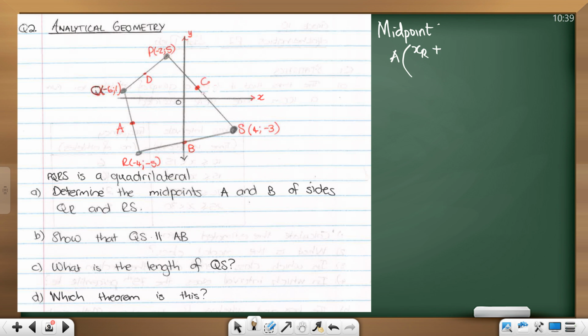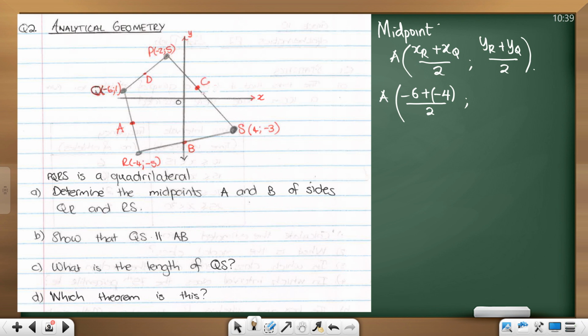XR plus XQ over 2, do you agree? And then what do we have? YR plus YQ over 2. What is the coordinate of A? What is the X value? Talk to me. -6 plus -4 over 2. What else?